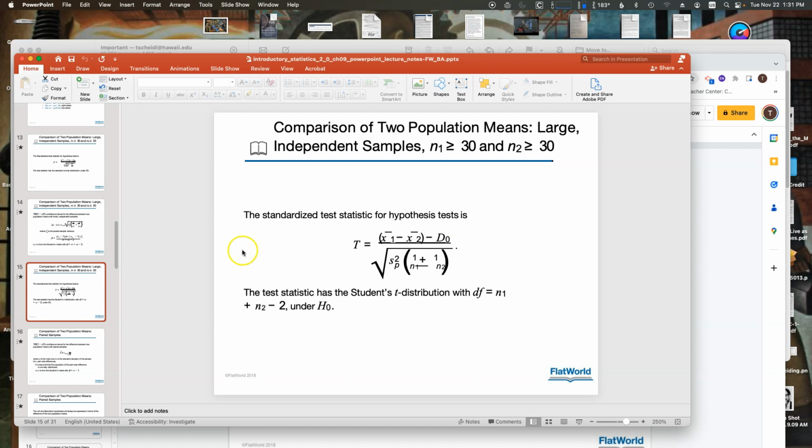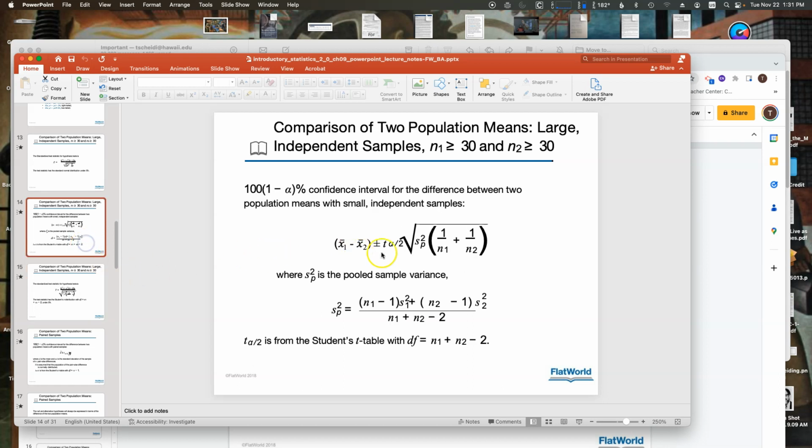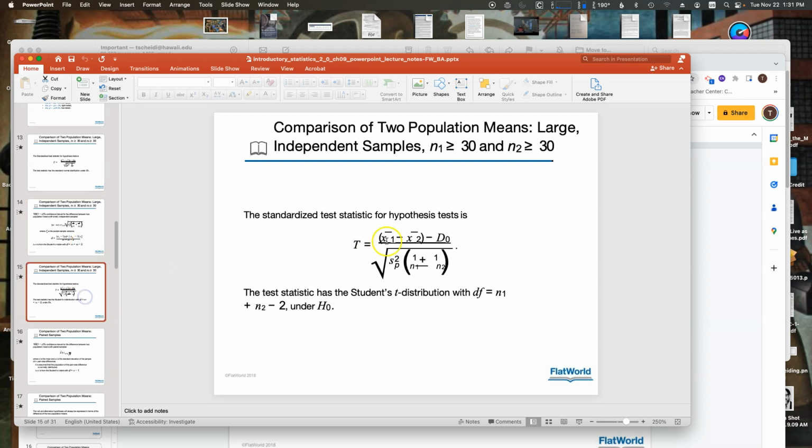But again, we just follow the math which was stated already here, except now we're doing it for our hypothesis test, where we're subtracting the value from the null hypothesis.